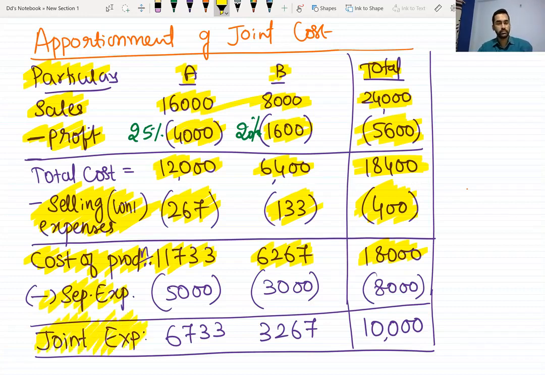Simple. In this question, the only tricky thing is to find out selling and distribution cost. If you get that number, rest everything is just a straight simple table. Yes. Separate expense given in the question 5,000, 3,000, that is 8,000. Therefore, 6,733, 3,267, total 10,000.